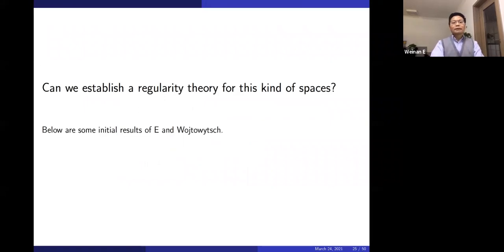So now, the very natural question is, can we establish a regularity theory for these kinds of new function spaces? For example, what about regularity theory of PDEs in reproducing kernel Hilbert space? You can see reproducing kernel Hilbert space is the simplest example of the new kinds of function spaces introduced here.